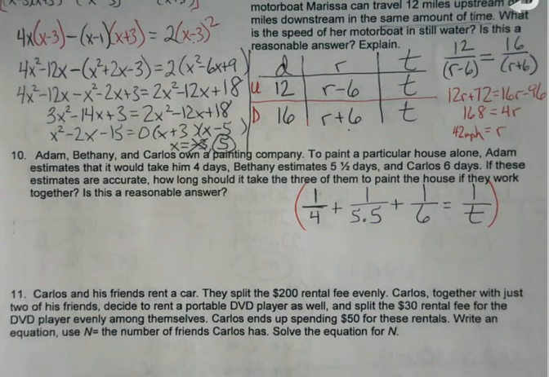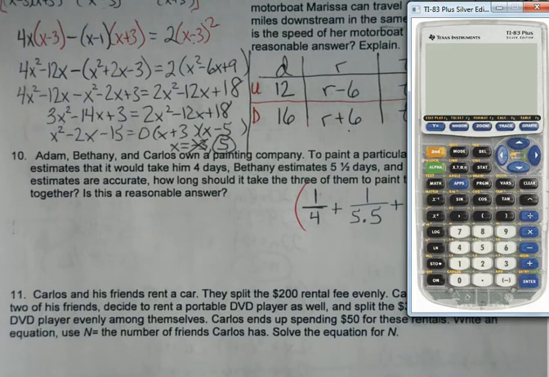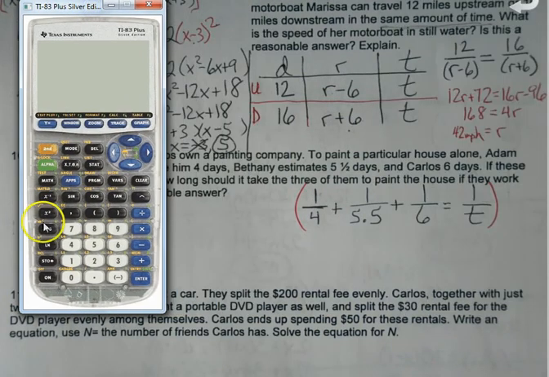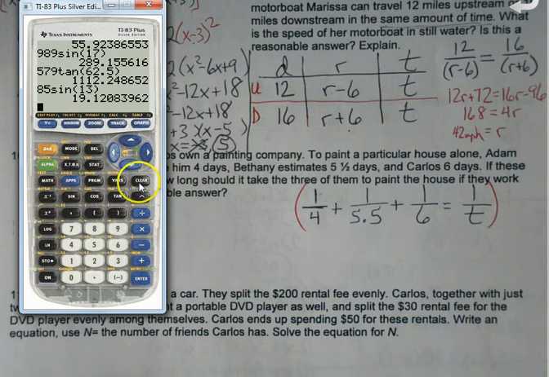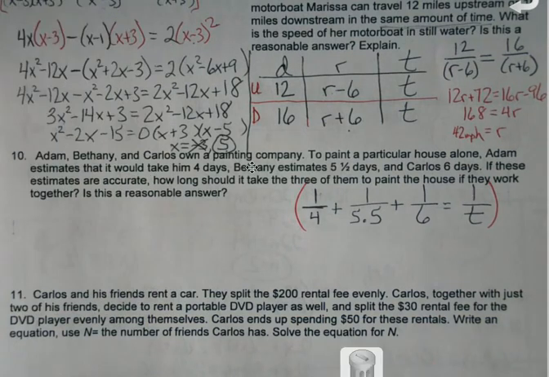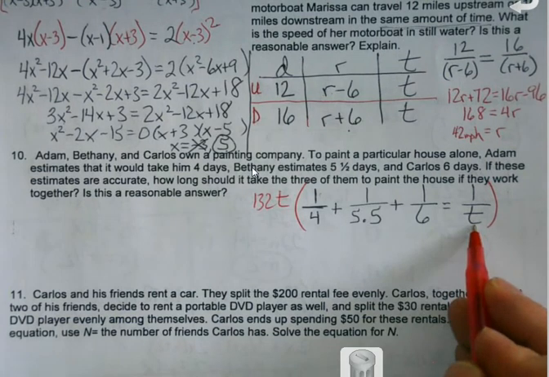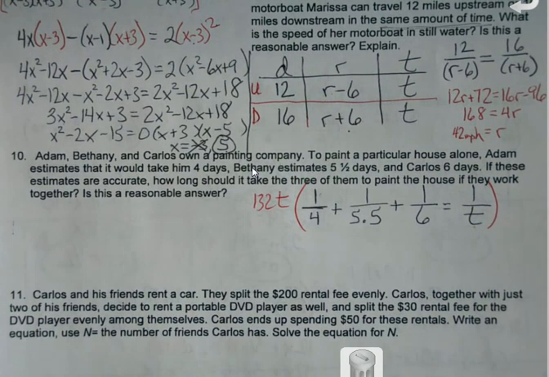Easiest way in this case, especially if you get a decimal or a fraction there, is just to multiply everything together. So let's see what our multiple is going to be. 4, 5.5, and 6. 132. So 132t, because I also have a t in the denominator, is what I'm going to multiply through by.